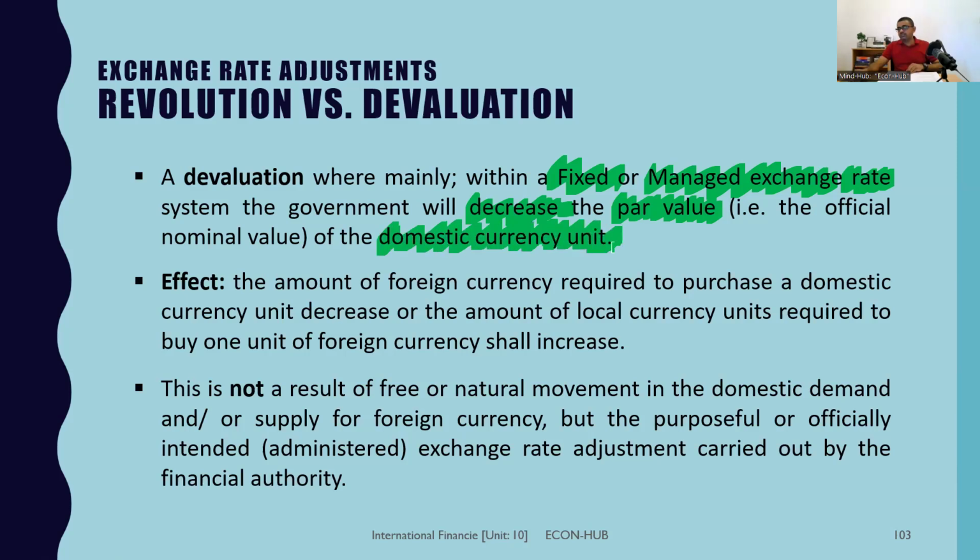Why would the central bank put down the value of its own currency? We saw with a depreciation that there's a possible encouragement of exports, discouragement of imports, and a possible favorable impact on the balance of payment.